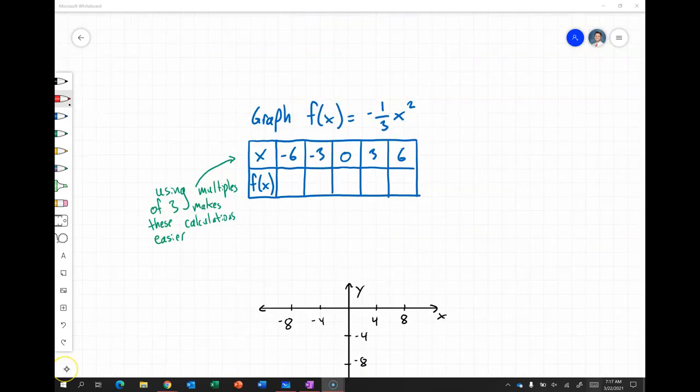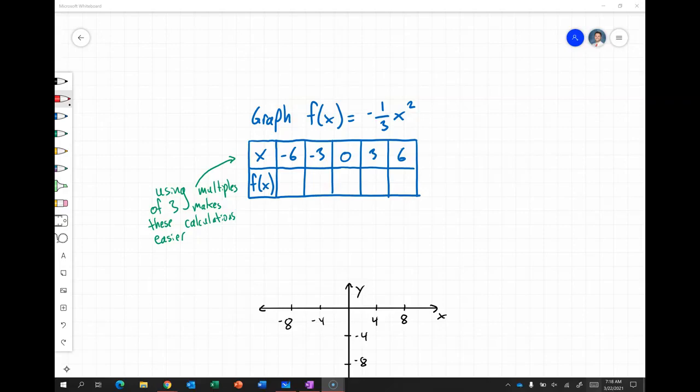All right, now looking at this next one, we are going to graph f of x equals -1/3 x squared. You'll notice for this table of values, I've chosen x values that are multiples of 3. That'll just make our calculations easier in terms of squaring and then finding a negative 1/3 of these values that are multiples of 3 rather than multiples of 2 or another number.